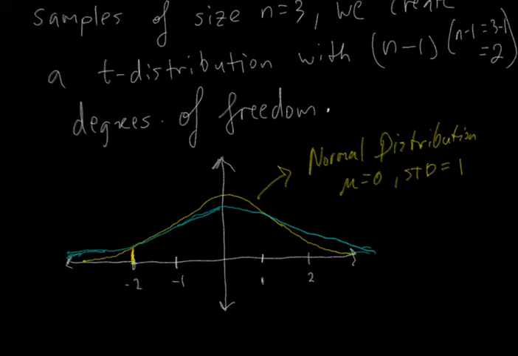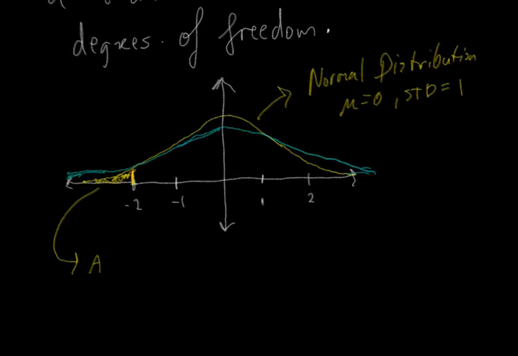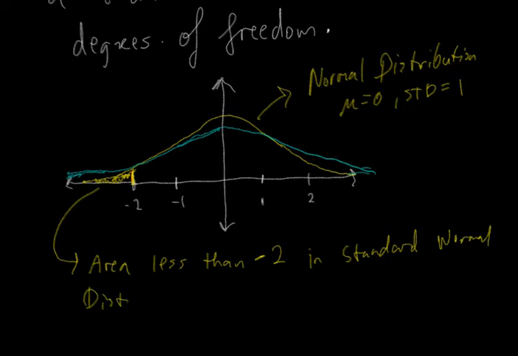So if we look at this area right here, this is the area less than minus 2 in the standard normal distribution.